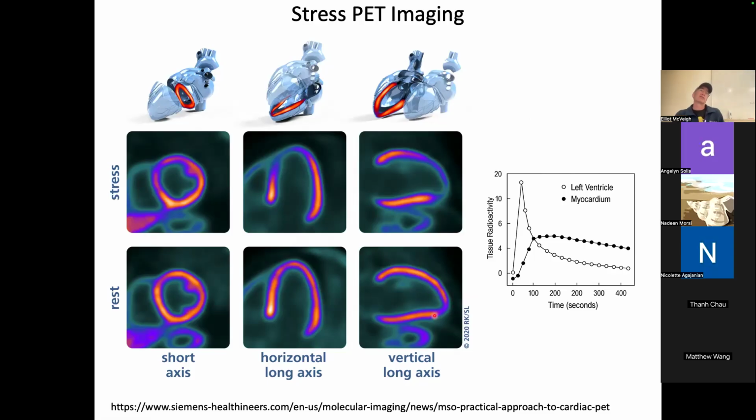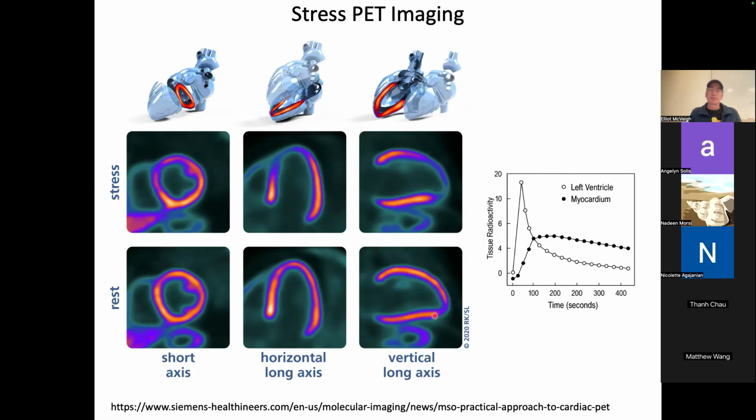So this is exactly the same way we saw in the ideal SPECT stress test. We see in this case positive flow reduction during stress, resolution of flow during rest. So it's not a fixed defect, it's one that comes back.